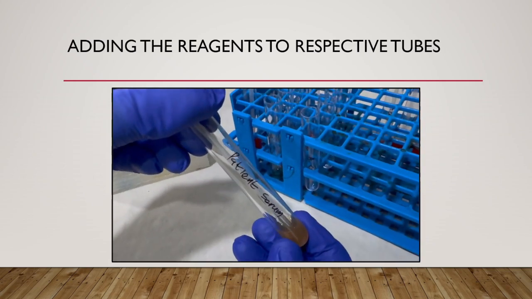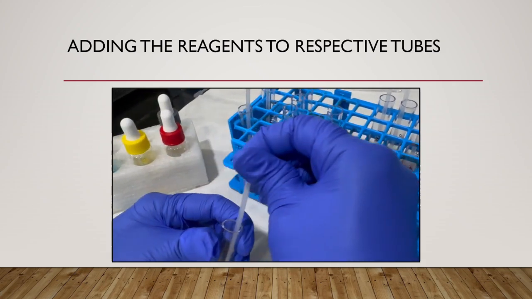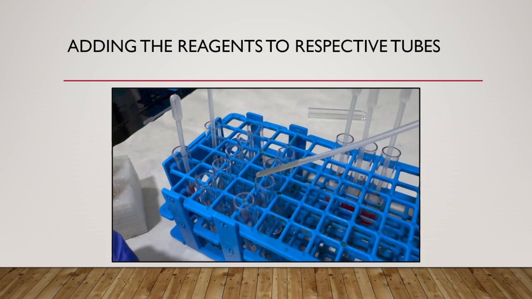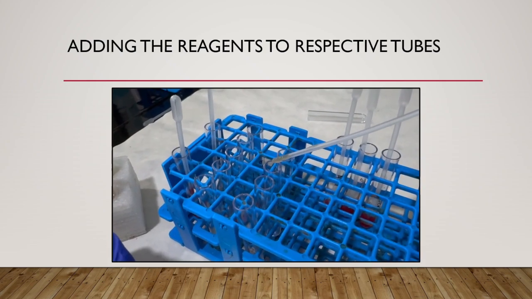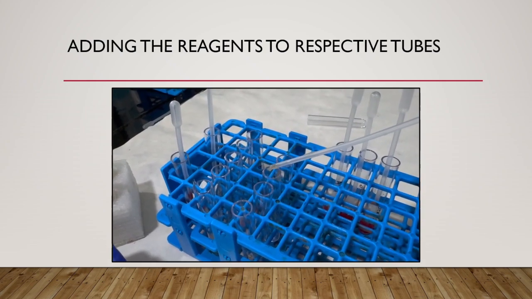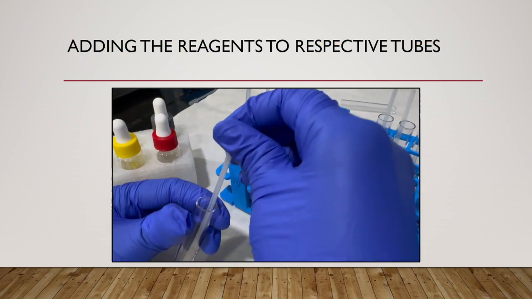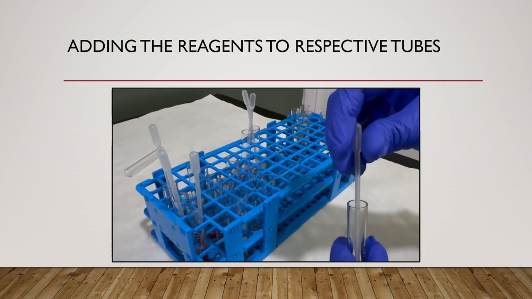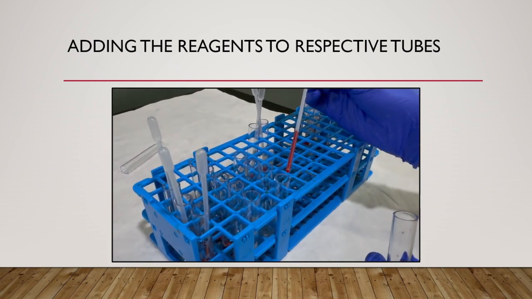Now coming to reverse grouping, this is the patient serum. We are adding 1 drop each of patient serum to A cell, B cell, O cell and auto control tube. This is the pooled A cell at 3 to 5% concentration.